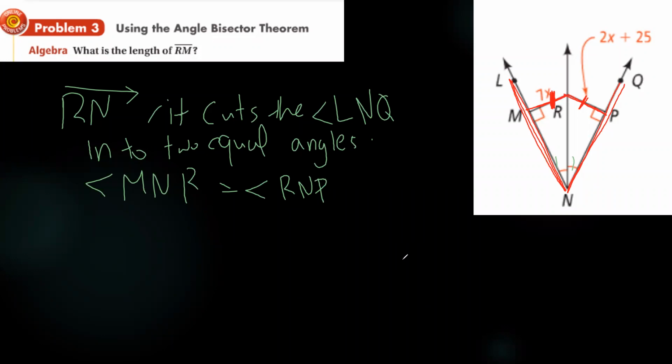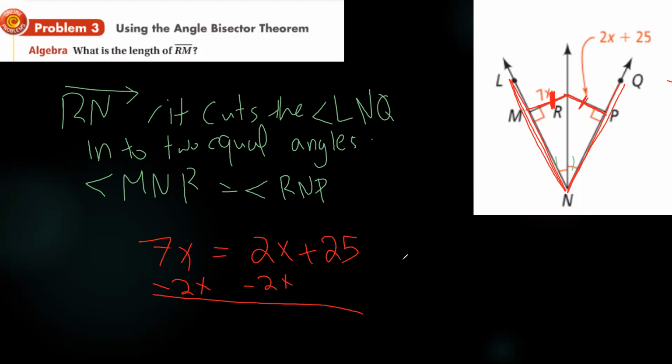Yes, miss. So since they are equal, 7x is equal to 2x plus 25. 2x plus 25 is the length of the second side, and 7x is the length of the first side. Since they are equal, I can find x. So 5x is 25. So what's the value of x? It's 5.